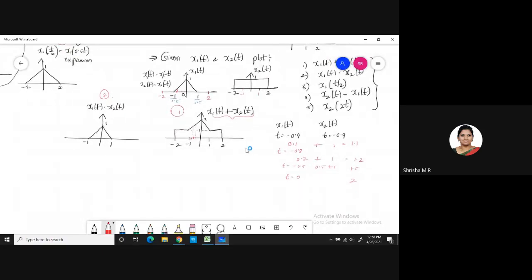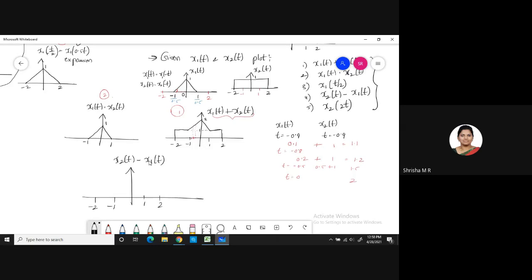Yeah, so coming to this subtraction of signals, you have x2 of t minus x1 of t. So how will you subtract these two? If you subtract x1 of t from x2 of t, what do you get? Write the time instances 1, 2, minus 1, minus 2.